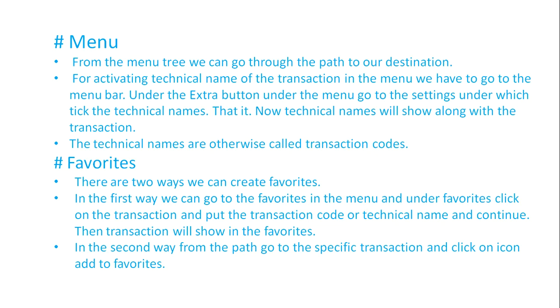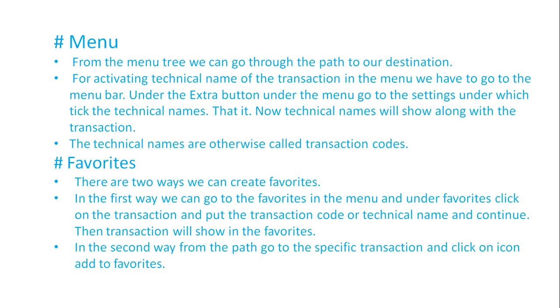So in SAP, if you do anything wrong, it will always be notified through the status bar. Suppose I put the date now, 18th April 2022, and press enter. Then I put the cursor here and press enter.